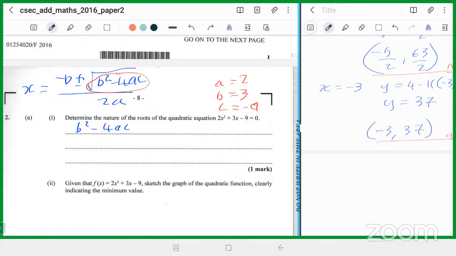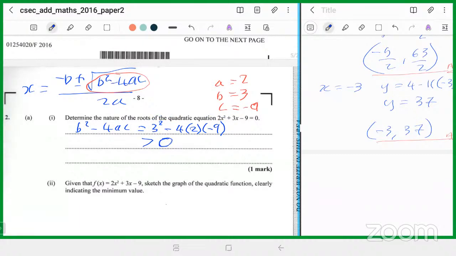So anyway, this discriminant will be equal to, the b is 3, so it becomes 3 squared minus 4 times the a is 2 times c. The c is a negative 9. I don't have to know the actual value. All I know is that this minus is going to make this side a positive. And so I know that this is going to work out to be greater than 0, because this thing has to be positive. I don't need the actual value.